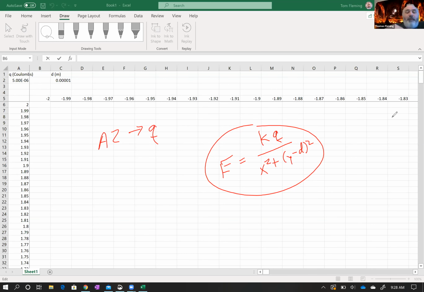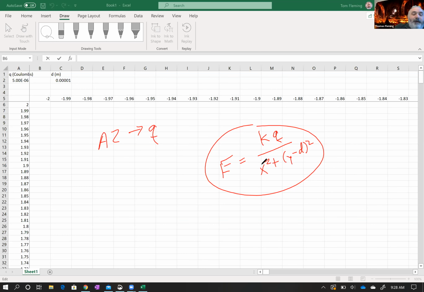However, when I'm looking at, let's say, cell G6, I want x to be negative 1.95. But when I'm looking at cell J6, I want it to be negative 1.92. So when I see x in my formula, I'm not going to type x. I have to type what x should be.